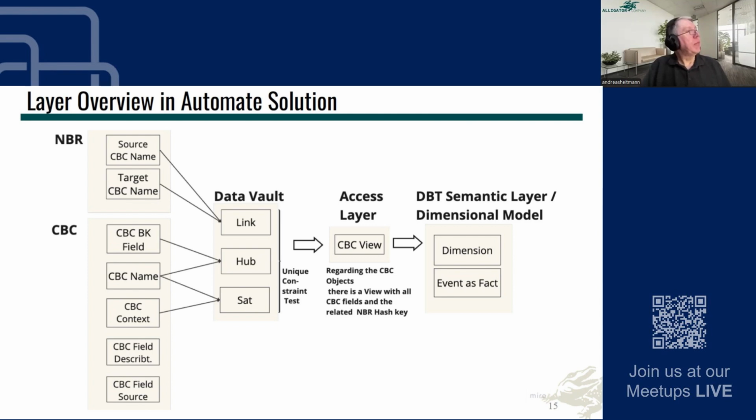The CBC name will be used in the hub name and the satellite name. The context fields go into the satellite. The defined business key will be used in the hub as a business key. And then automatically the major constraints for the hub, link, satellite will be created automatically, and also this access layer, which I explained.